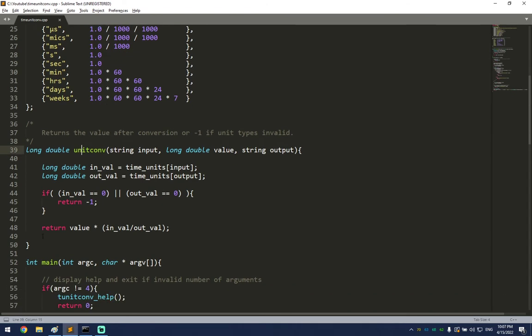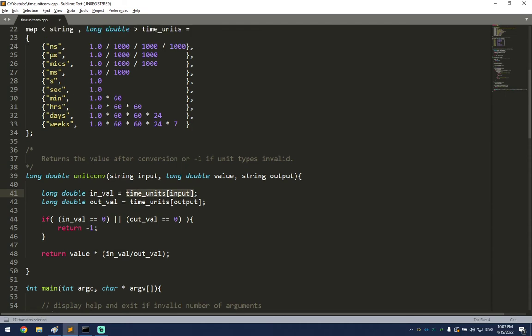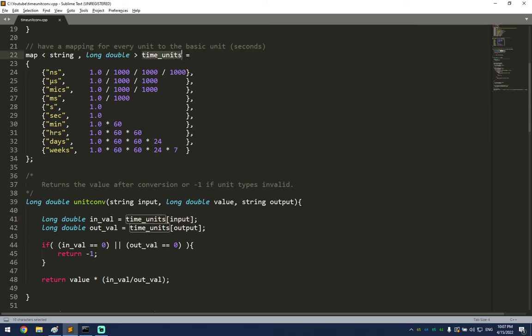So moving on, this is our basic function which we're using, which I'm calling unitconv, and it gets a string as the input, a long double value, and another string as the output, okay? So we gather two static variables here. The input value will essentially be this ratio, okay, that we can get by using our string and our map here, which I'm calling time units, by the way.